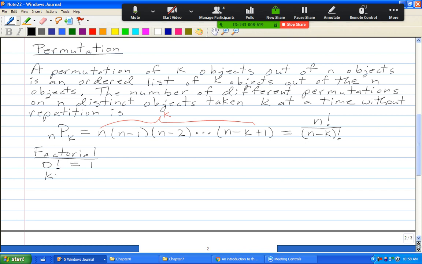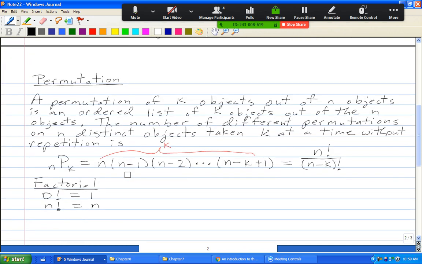I'll define n factorial as equal to n times n minus 1 factorial, for n being a natural number.